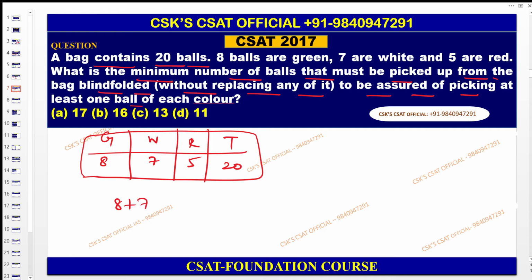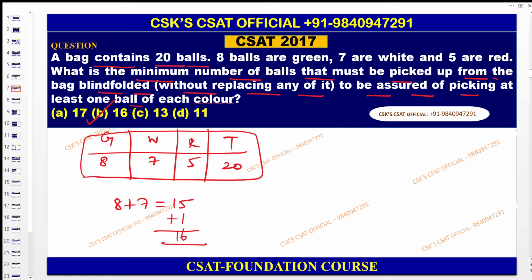So add up these things: 8 plus 7, 15. Now take up the remaining one minimum. The remaining one is nothing but the other color, that is the red here. So therefore 16 is the correct one.